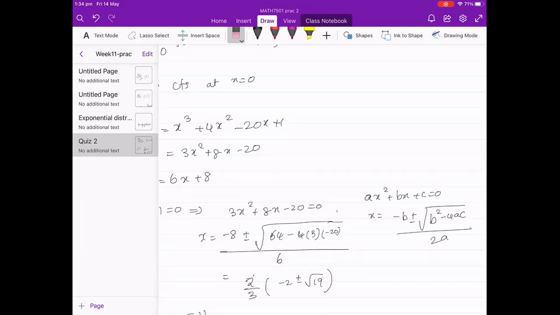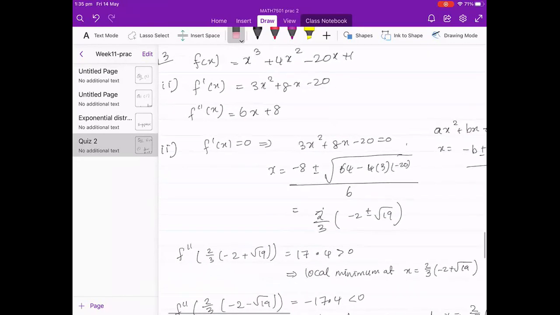Anyone? It should be easy. I want some responses at least. How do you classify the critical points? Okay, you could use the second derivative test.